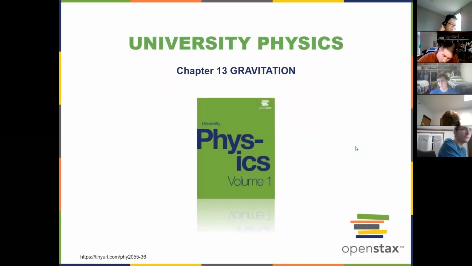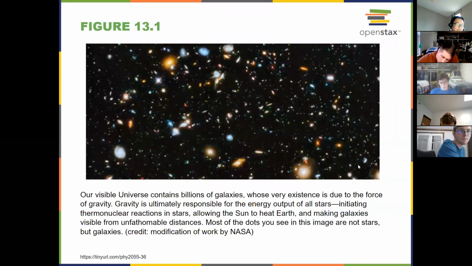In chapter 13, this is again just like an introduction to astronomy. Although astronomy may cover a lot more content, this will be something related to astronomy. It's gravitation, that is, the gravitational force.